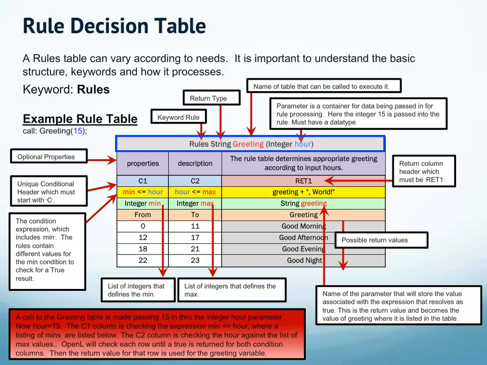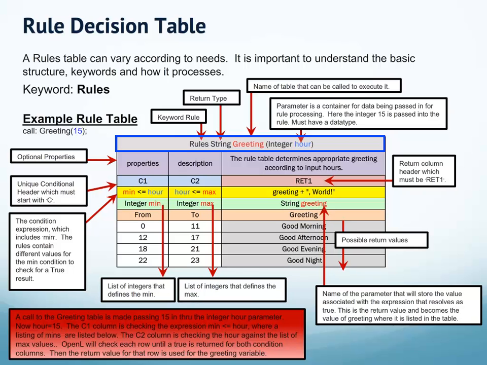The header is going to use the keyword Rules. Then you're going to define the data type for the return value that you're expecting. Then you're going to name the table. And again, this is when you actually call this table or go to run it or have it processed or executed, this is the name that you're going to use.